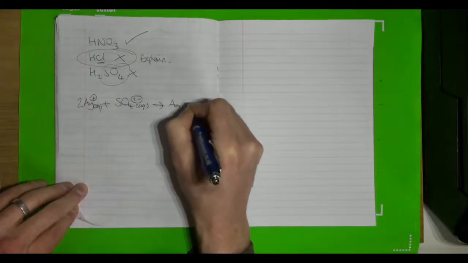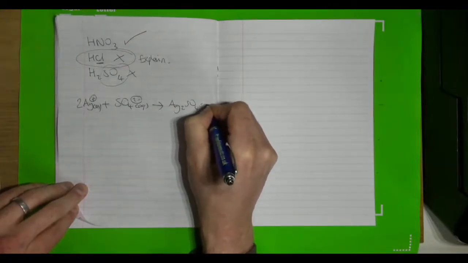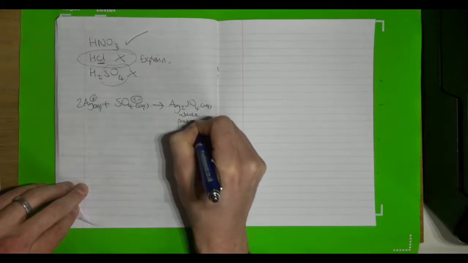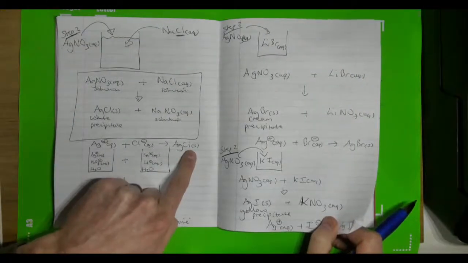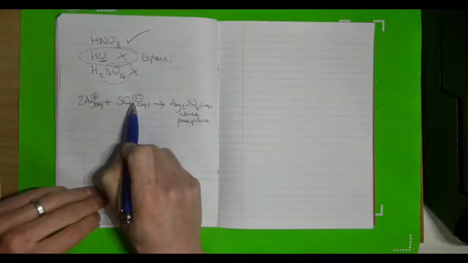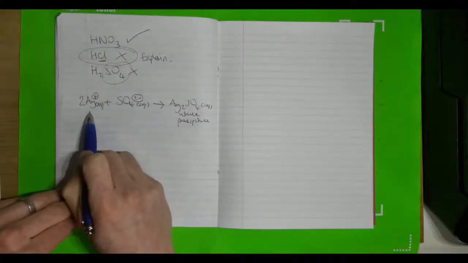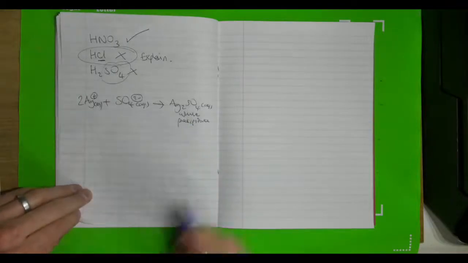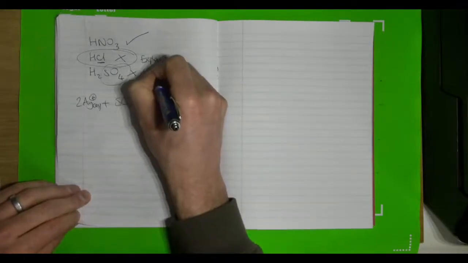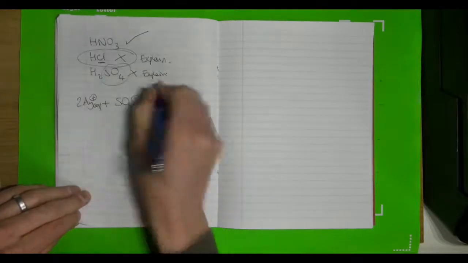Yep, a white precipitate. And you think, oh, brilliant, I've got a white precipitate, there must be chloride ions in there. But actually, you just put sulfate ions in there, and they have reacted with the silver to produce silver sulfate, which is a white precipitate. So you need to explain why you can't use sulfuric acid.